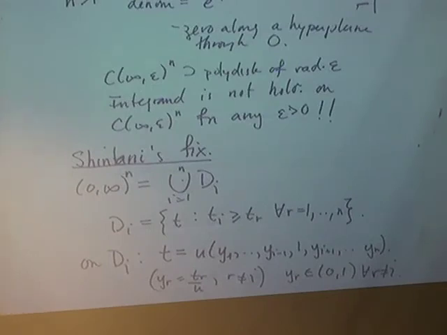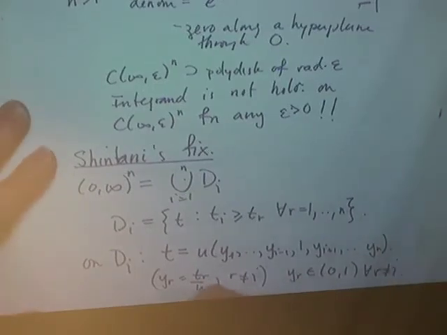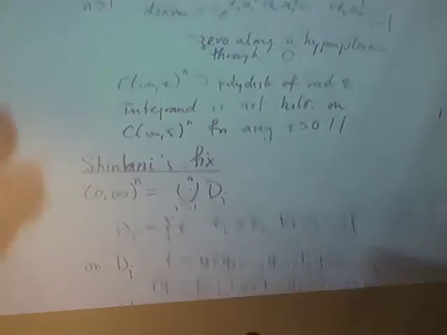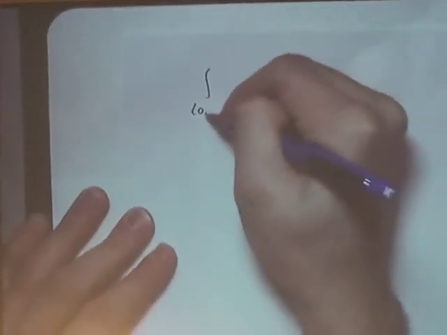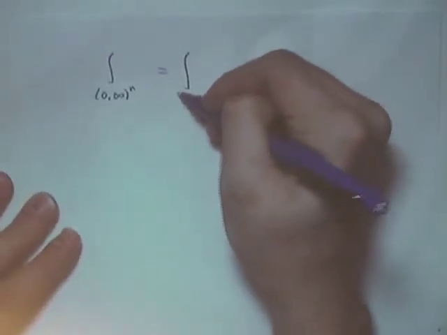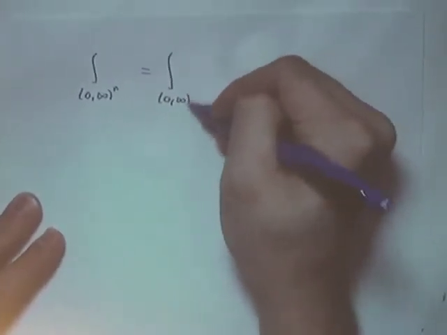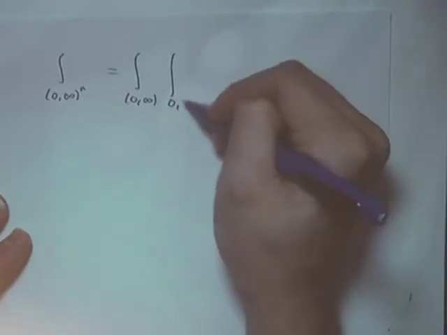So our integral over (0, infinity)^n turns into an integral over (0, infinity) of the integral over (0, 1)^{n-1}.